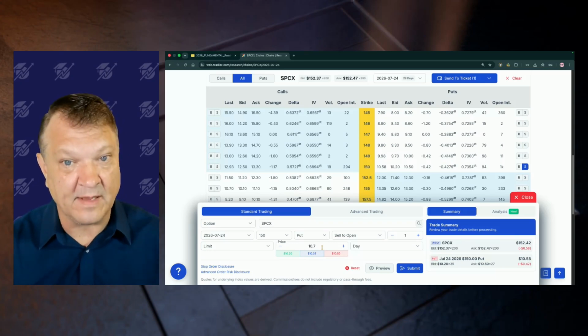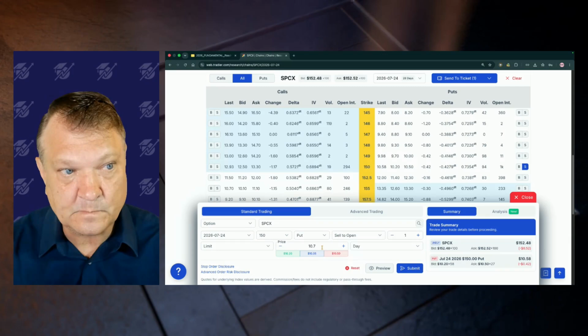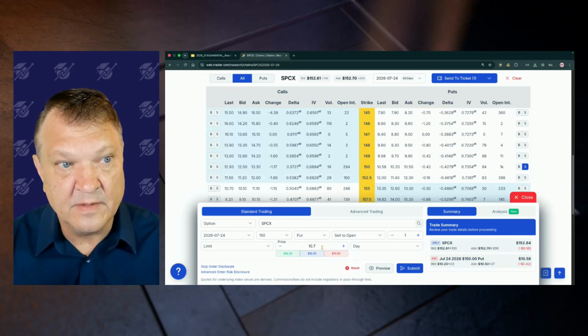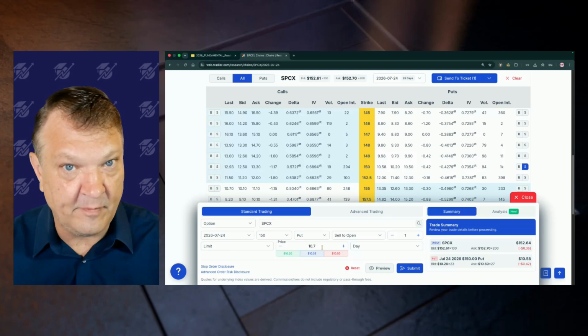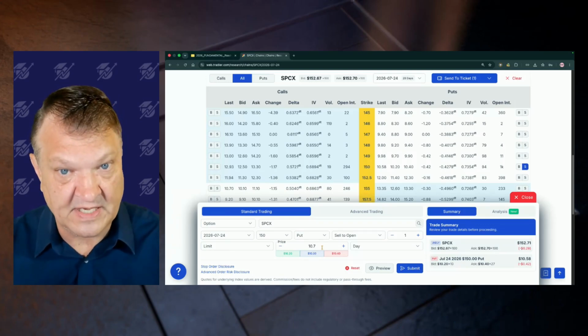There's a lot of ifs, like I'm saying, but this is what I mean by I want to bring in enough premium that I'm okay if I don't get put to stock.